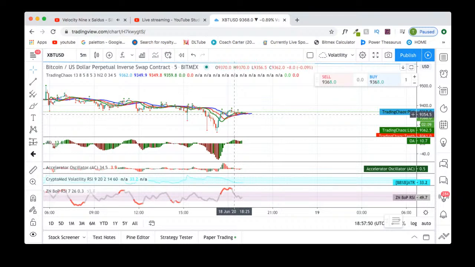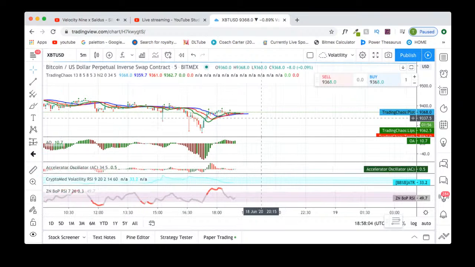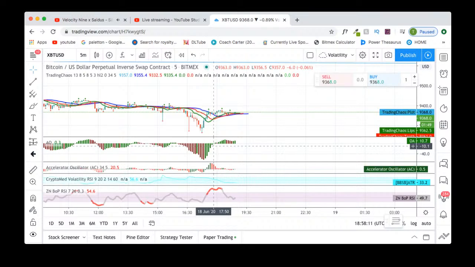Well, let's set up some buys and sells and see what we can do here and see if we can get some profits out of the market. We usually don't trade a wave 4, especially when it's not a saddle, but we're just going to trade on principle right now and just practice entering and exiting the market.